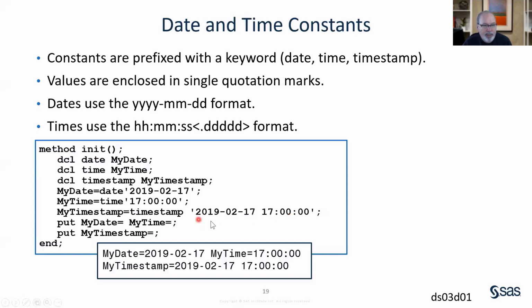The date in the ANSI date format, a space, and the time in the ANSI time format. And once again, if you have fractional seconds, you can add a decimal and up to 5 digits of fraction for your seconds. You can see that when we write them this way, they come out perfectly well understood in our DS2 program.